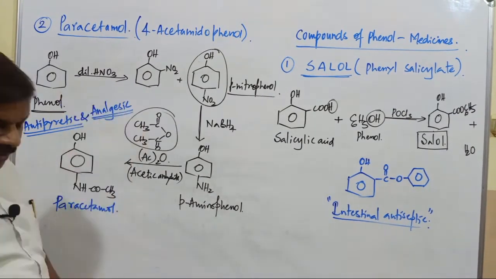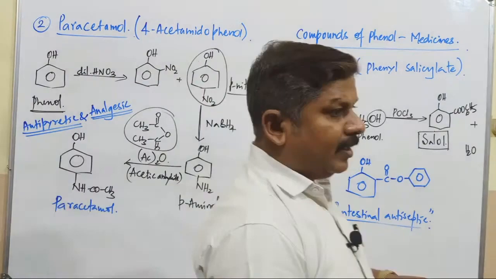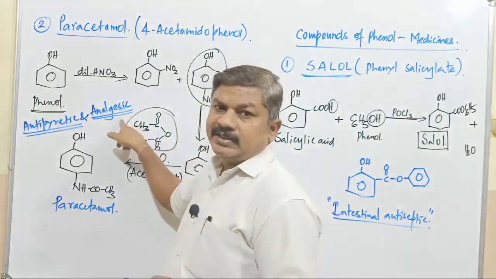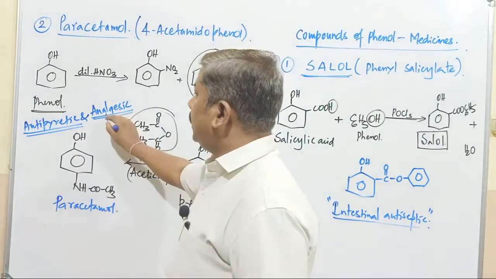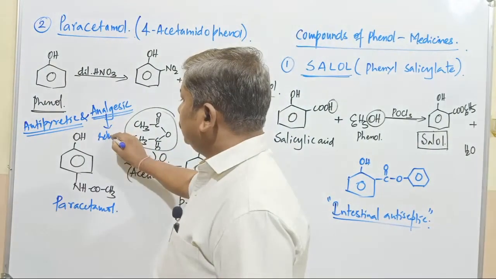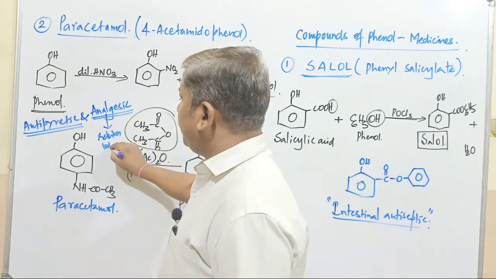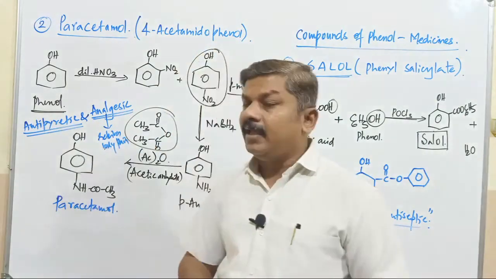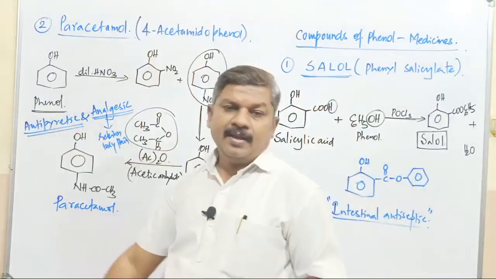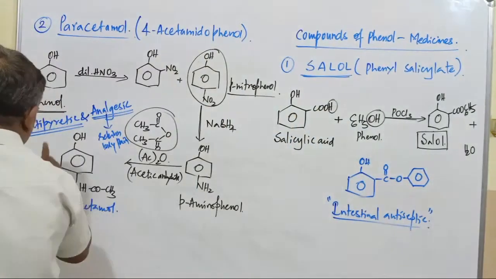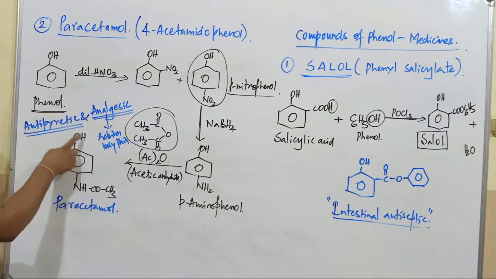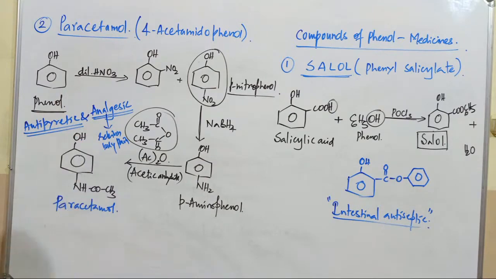Analgesic refers to the chemical substance which relieves body pain. If it relieves body pain, then it is called an analgesic. This paracetamol relieves body temperature as well as body pain, so it is used as an antipyretic as well as an analgesic compound.